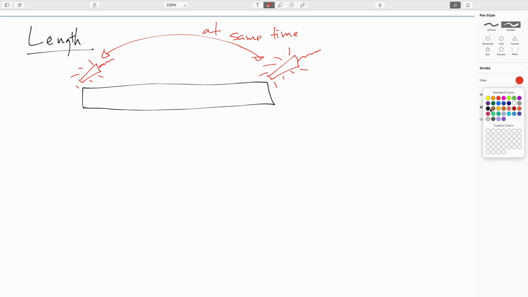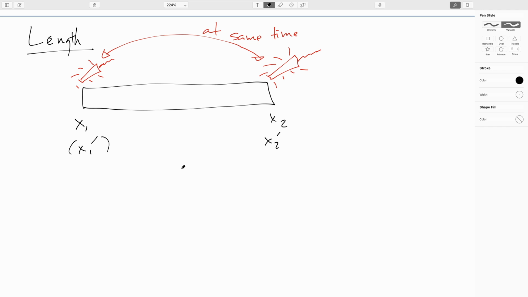So S would measure that this happened at x1 and x2 at the same time. S prime would say that it happened at x1 prime and x2 prime.